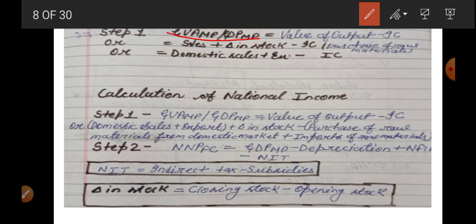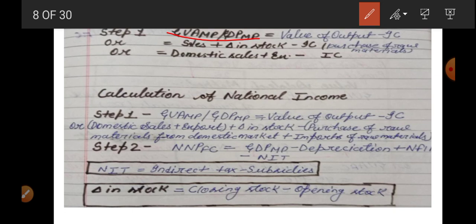How do we get it? When we subtract intermediate cost from the value of output. So this is the equation: value of output minus intermediate consumption. When we use this equation, we get GDP MP or GVA MP.